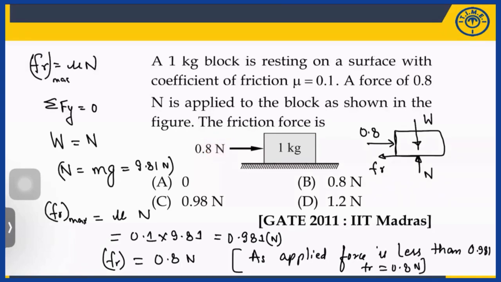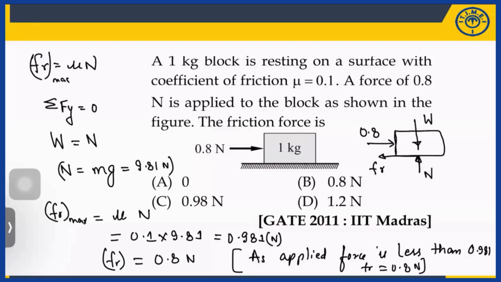Then you can say that the maximum value of friction is this one. If I am applying 1 Newton of force, then in that case, the block will be in the moving condition. Then the kinetic friction will come. They have given the coefficient of friction, then in that case, you will apply the 0.98. So as the force is less than the frictional value, the frictional force will be 0.8 only.